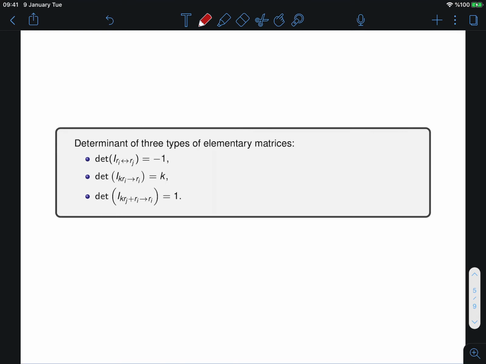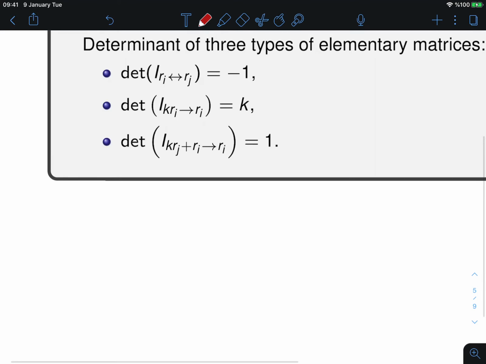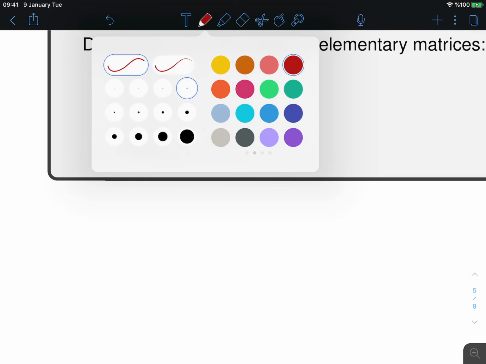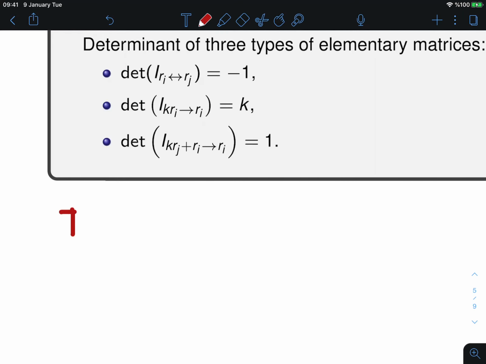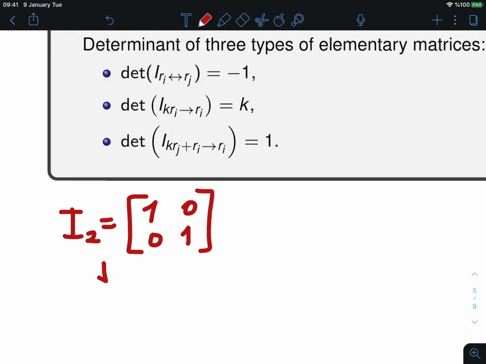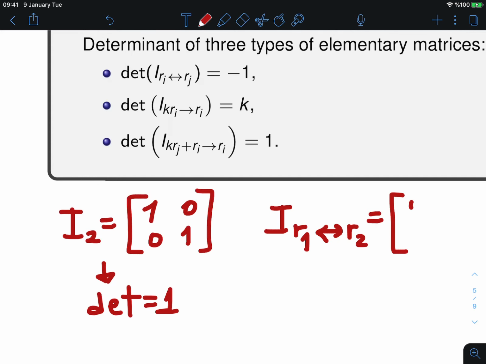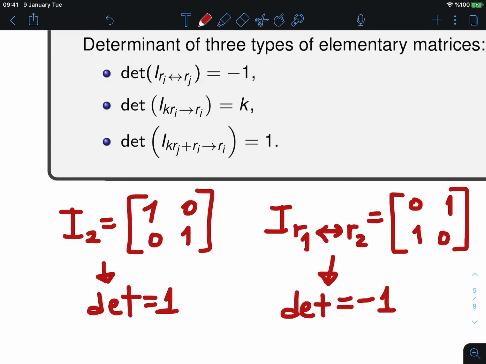Let me just give an example regarding the 2 by 2 case. Let me choose this one. This is the 2 by 2 identity, and we know that its determinant is just 1. If I swap row 1 and row 2, then I get this matrix 0 1 1 0, and its determinant is given by the first rule above, which is -1.